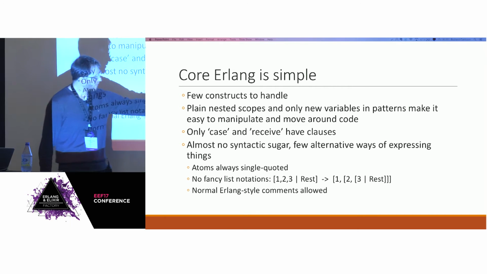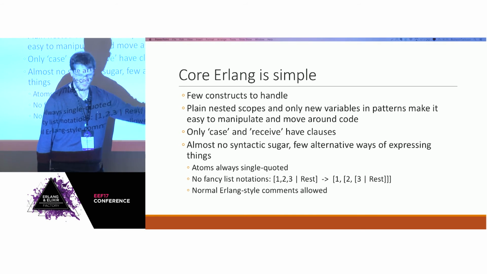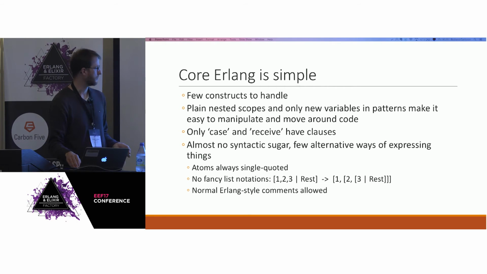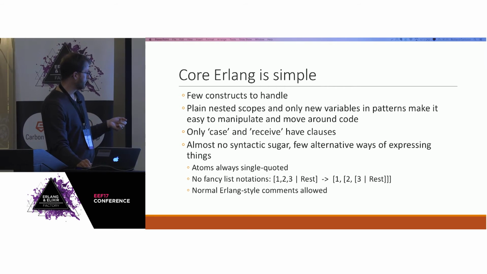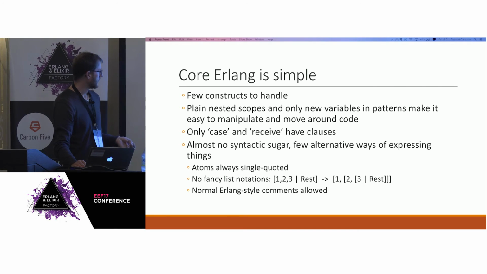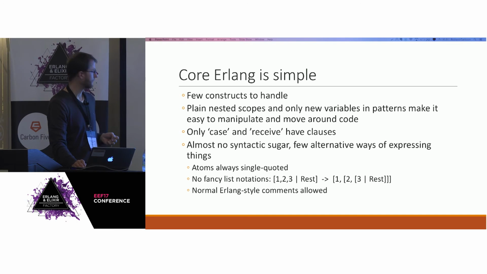You have to say the cons of 1 and the cons of 2 and the cons of 3 and Rest. So writing that manually can be a bit of a bore. But this is meant for machine generation anyway, so it's more important to have it very simple and concise. You can have normal Erlang-style comments.